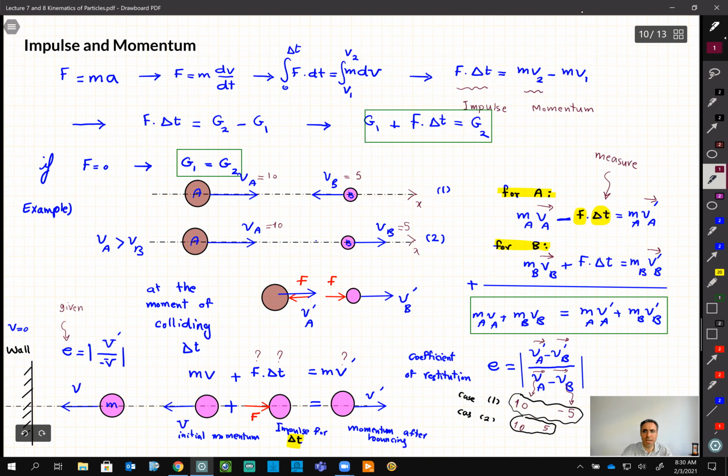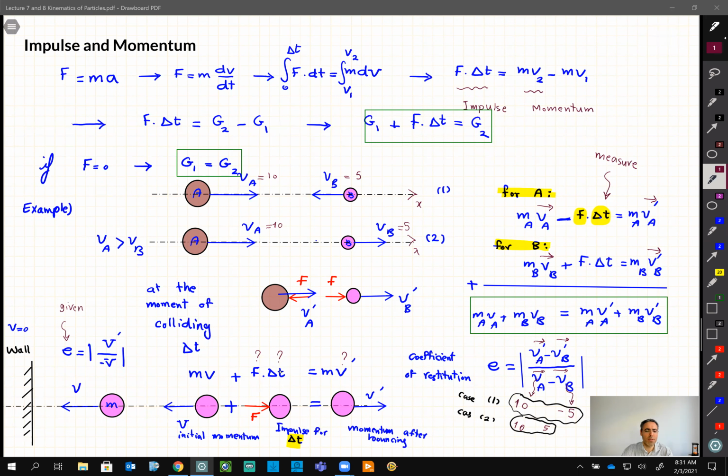So let me check chat and see if somebody has an idea. So can we solve V prime? Yes, we can solve V prime, but still we have two other unknowns, force and delta T. Let's say we are interested in finding force.